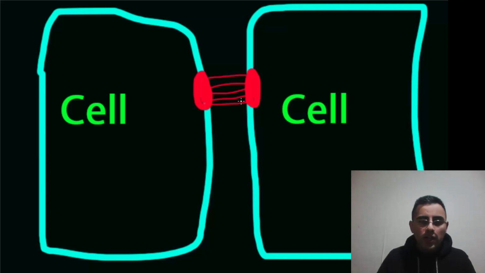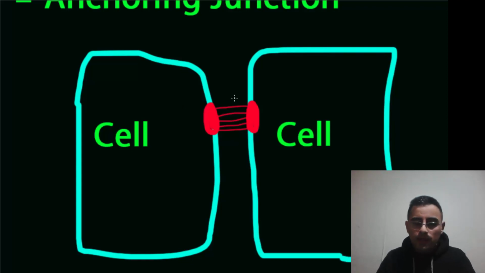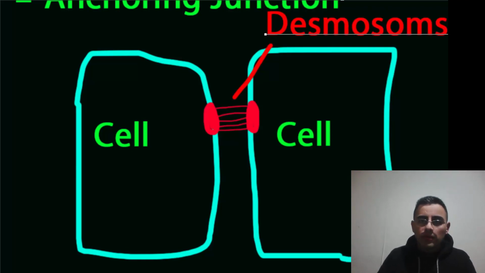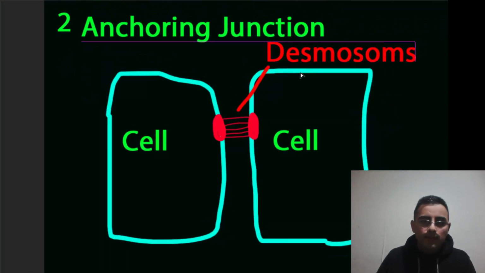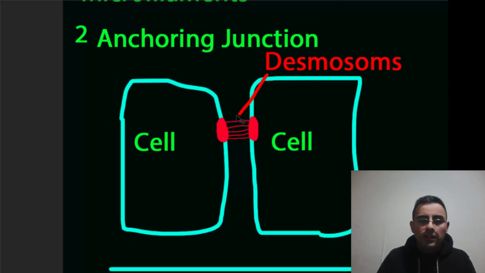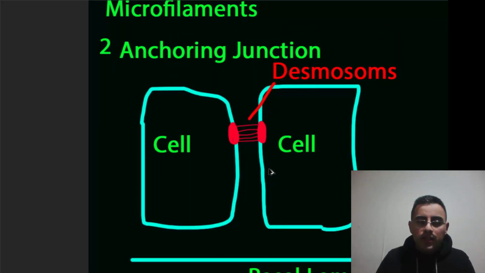Let's write: desmosomes. This junction is strong, and these two cells are connected with it. The molecules of this junction are intermediate filaments.